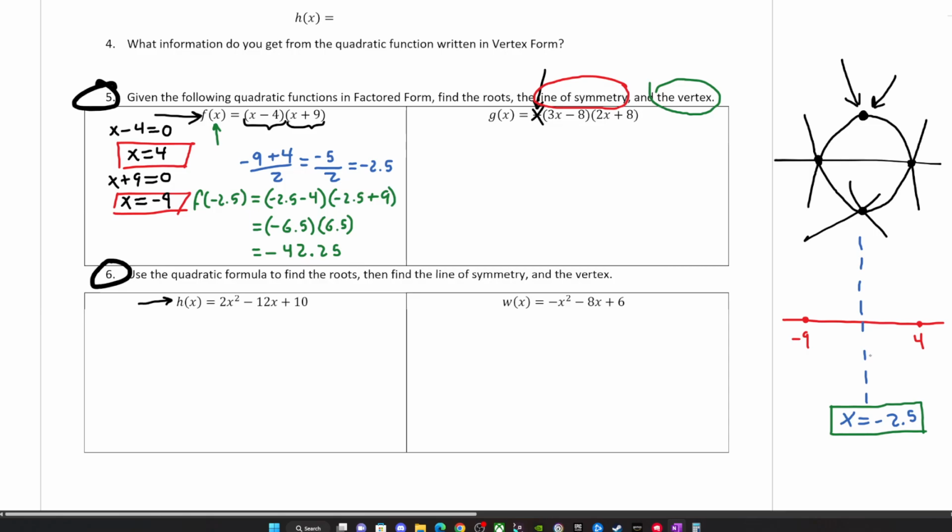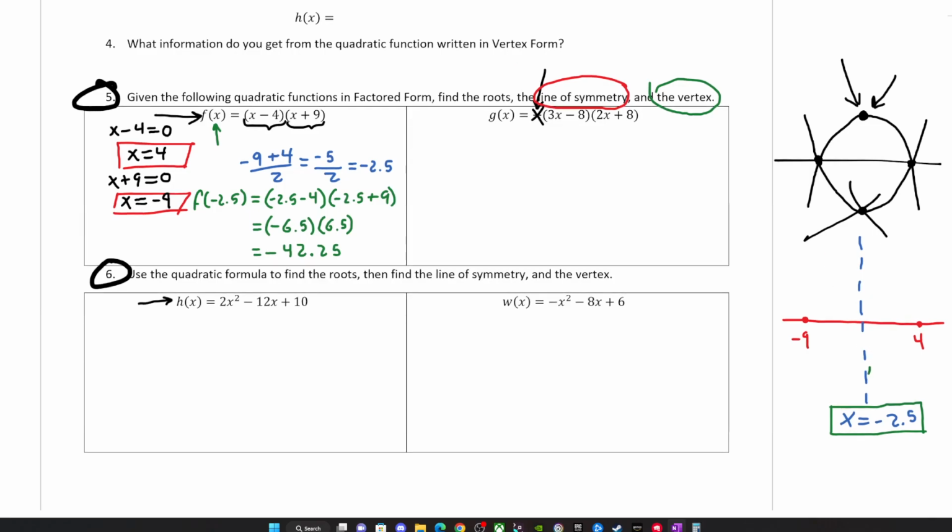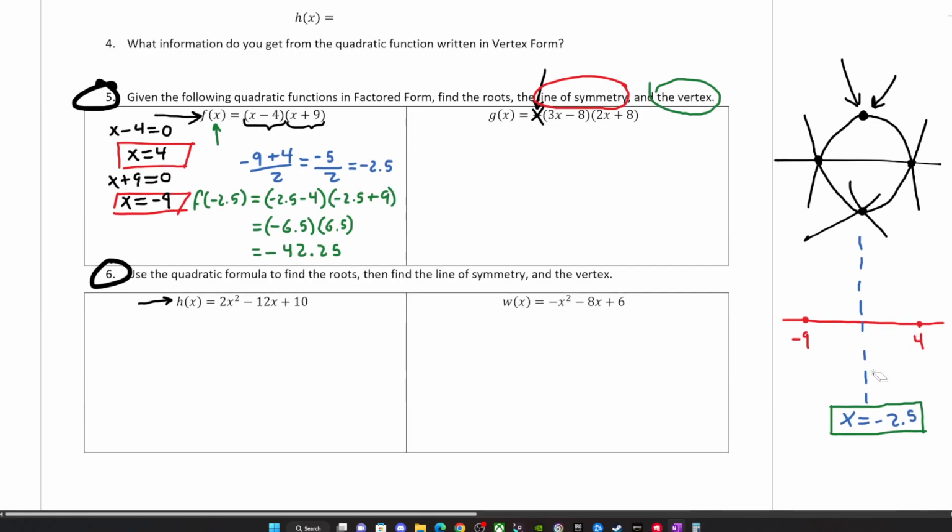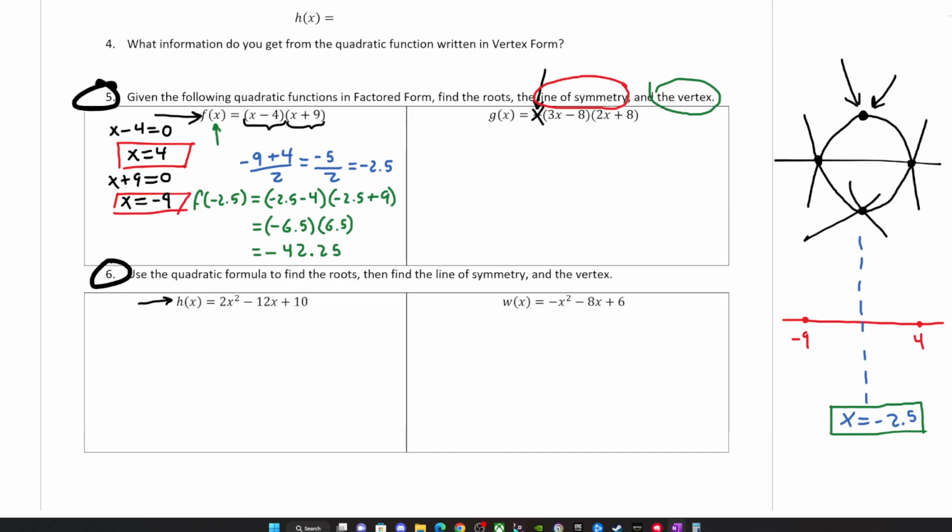So where's my vertex located? My vertex will be located, of course, here on the line of symmetry, and it'll go negative. It's going to be way down here on the line of symmetry, way down at -42.25.